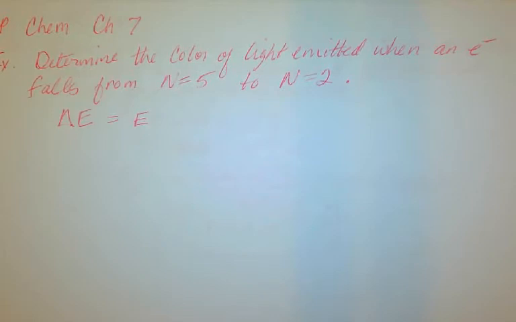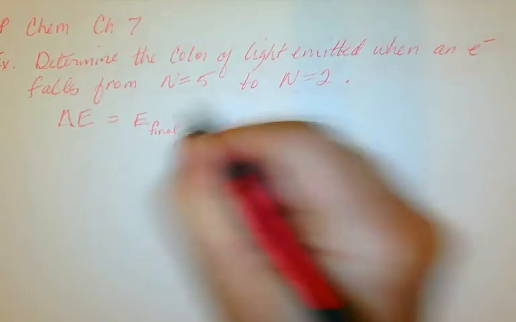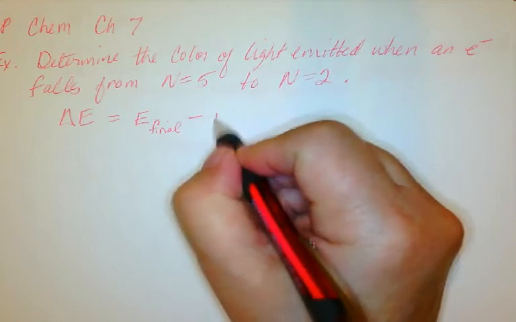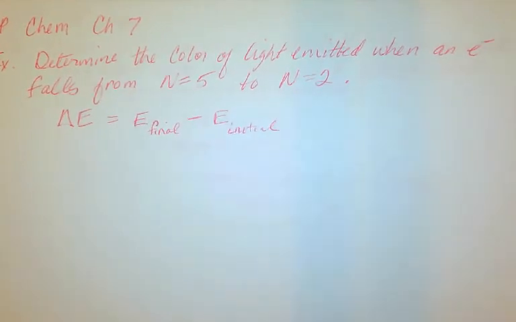All right, so here is our problem, and we need to look at an energy change. The change is going to be equal to the energy at the final state, in this case when it's gone to n equals 2, minus the energy at the initial state.